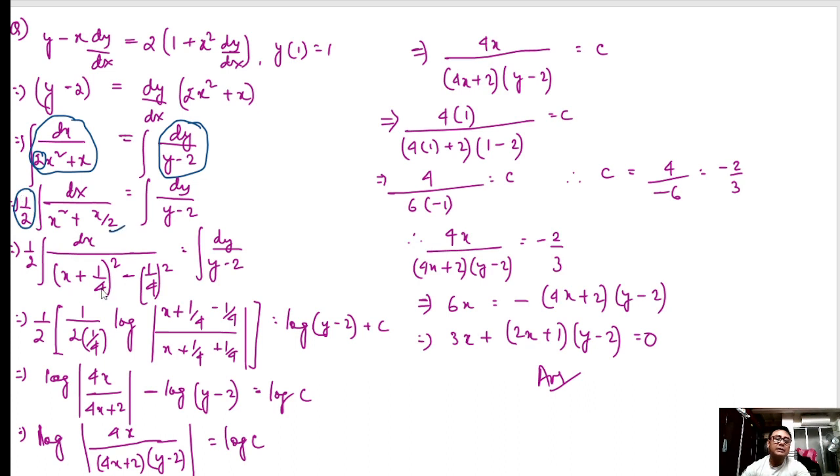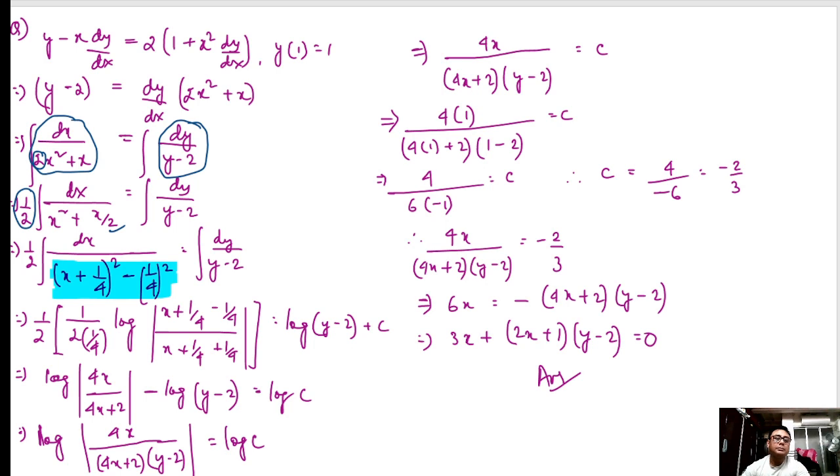And now friends, see how we are adjusting this part. See the adjustment of this. Okay, x square plus x by 2, how I have written this.